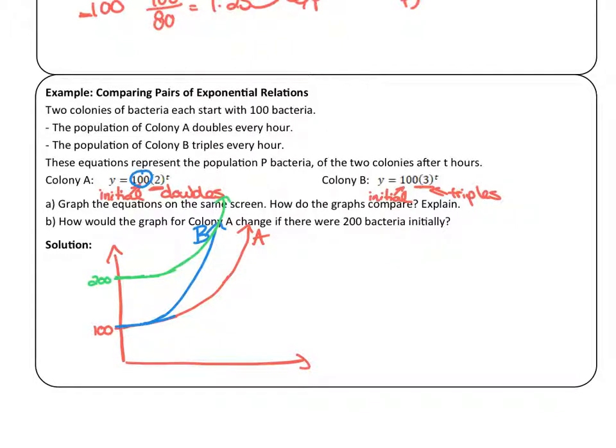It will just start at a different spot. It will actually go faster because you started with 200. So eventually it will pick up a little bit more speed than A did. But it has generally the same shape. But that's how it's going to look.